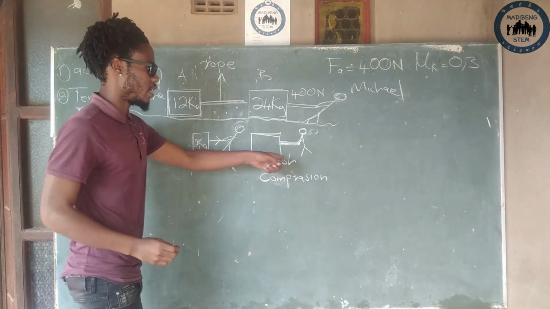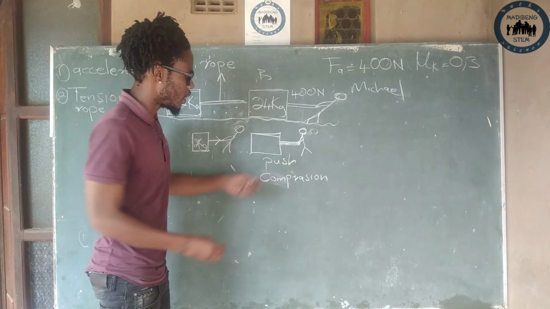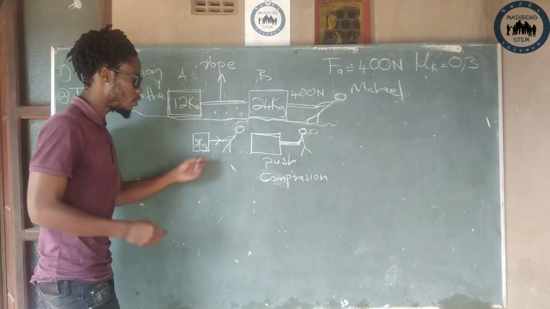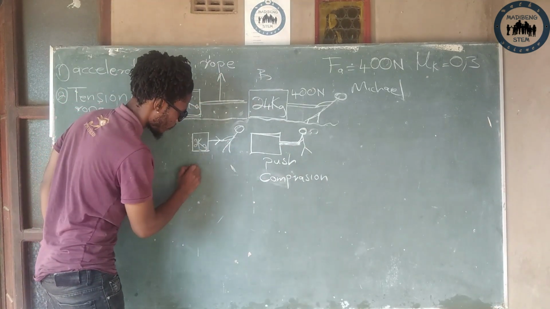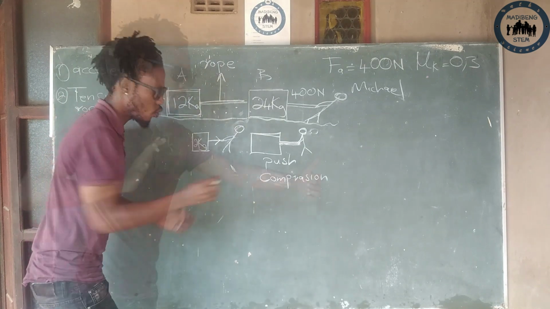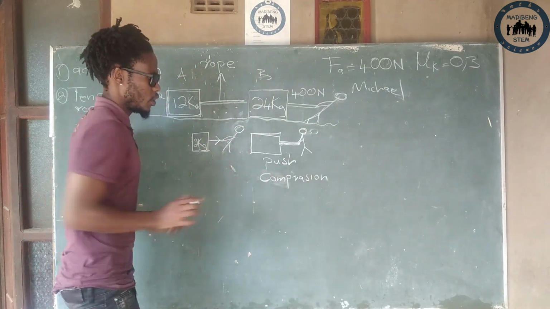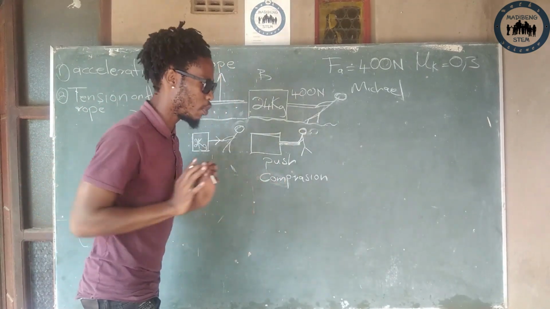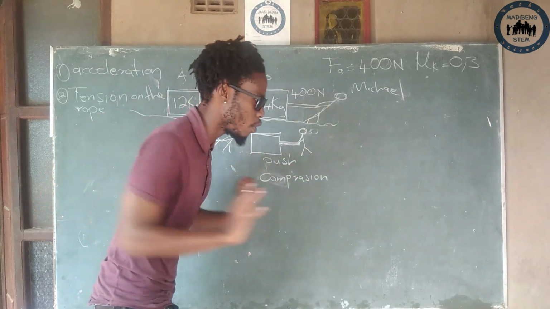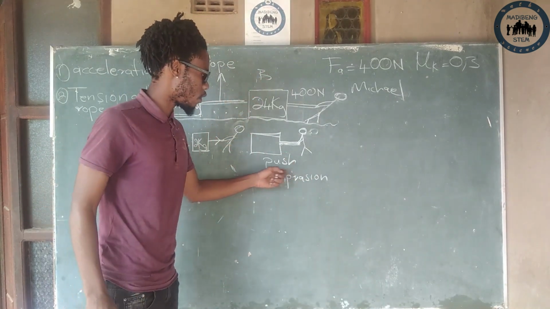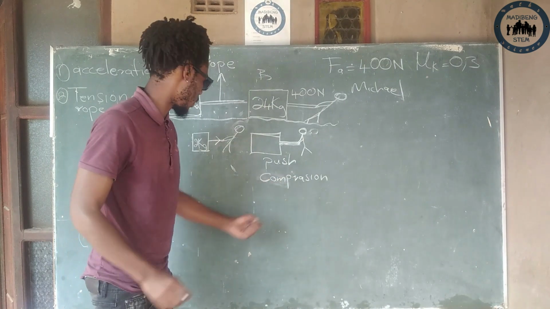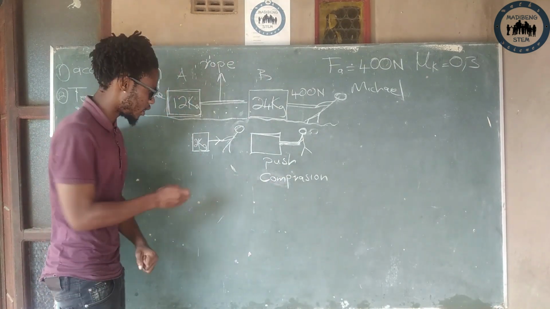When you push, the force that you apply is called compression, and when you pull, it's called tension. Because you press, you compress, you're pushing it, you're not pulling it. So when you push, the force is called compression, it's not tension. So here, when you pull, it's tension.